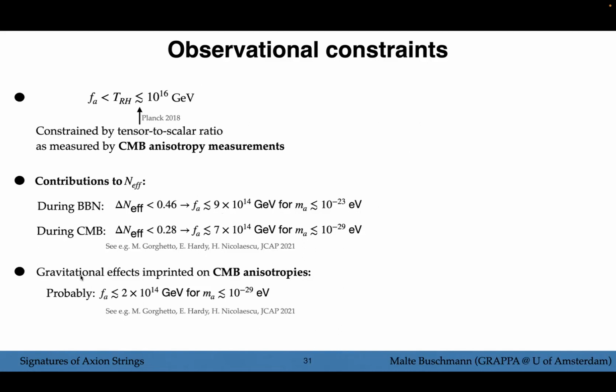Same, you have gravitational effects that can imprint themselves on the CMB and can cause CMB anisotropies, which again has a constraint on the breaking scale. But of course, these constraints are only relevant for masses smaller than these, because otherwise the string network actually doesn't live long enough to even be around for BBN and CMB.